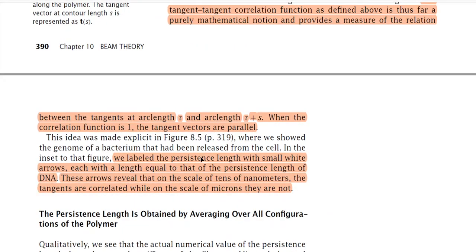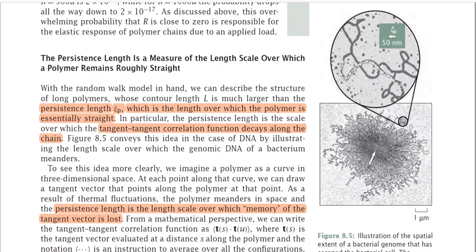We labeled the persistence length with small white arrows, each with a length equal to that of the persistence length of DNA. These arrows reveal that on the scale of tens of nanometer, that is, when the scale is very small, the tangents are correlated, while on the scale of microns they are not. So, if we look at the figure at a very small length scale, then you may find that two consecutive arrows may be parallel.